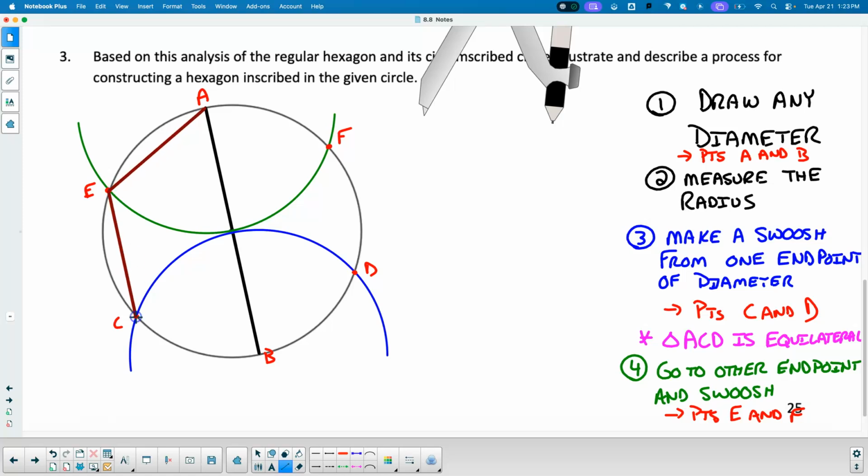A, E, C, B, D, F is your hexagon. Which would also make triangle BEF an equilateral triangle.